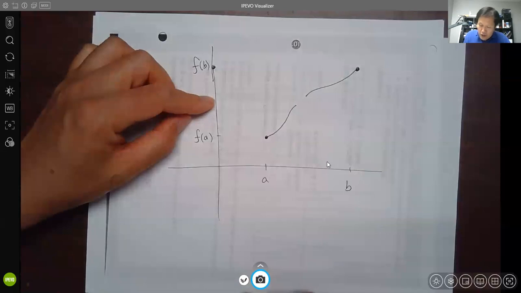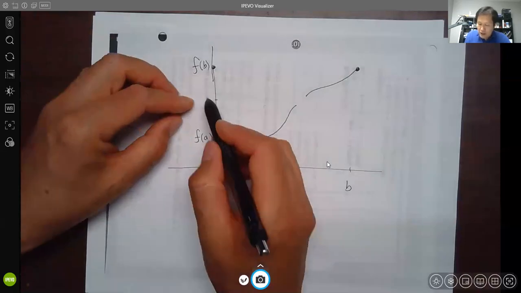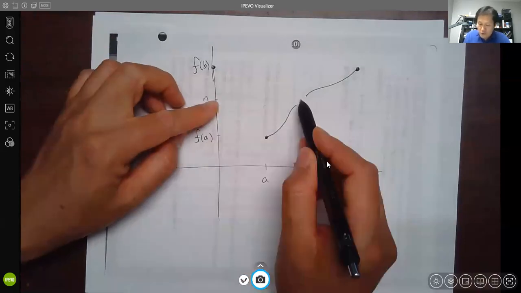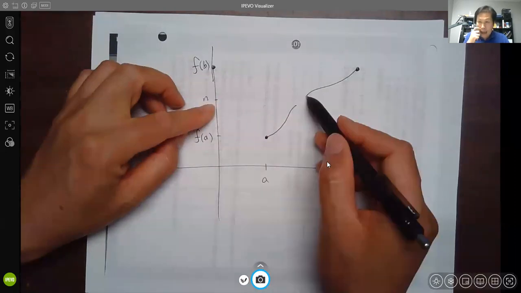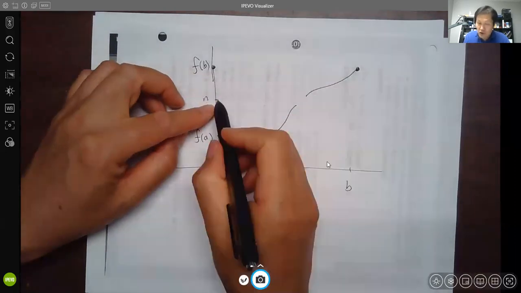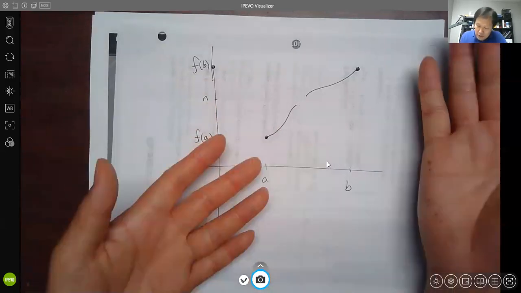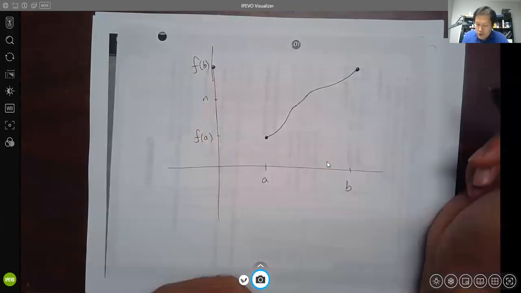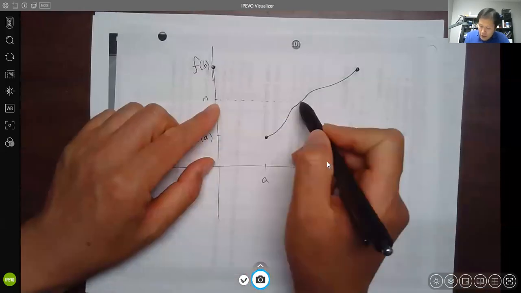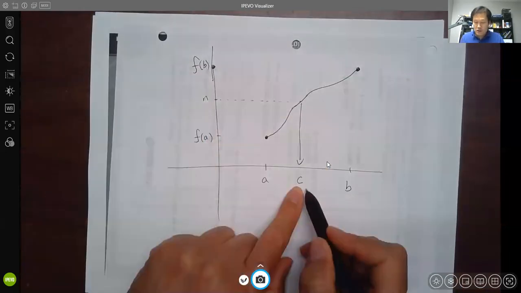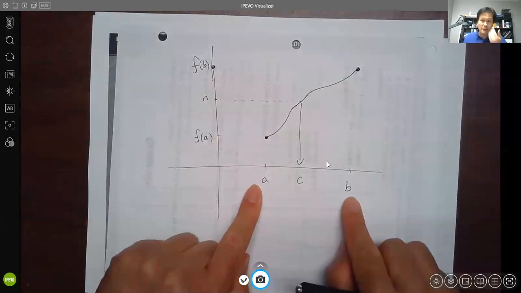For an n value of whatever that is, if you have a gap like this, there wouldn't be anything matching here. So they are saying that's not possible. If it's continuous, it has to be somehow connected. That means whatever the n value is, there's got to be a matching value c, which has to be between a and b. That's all they're saying.